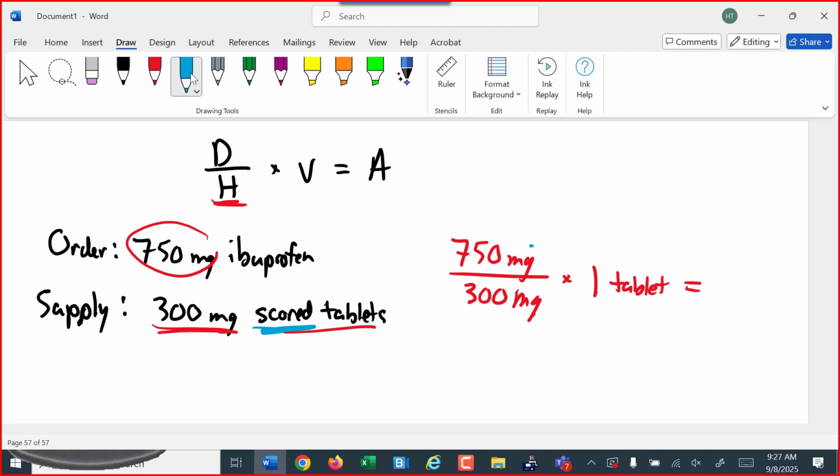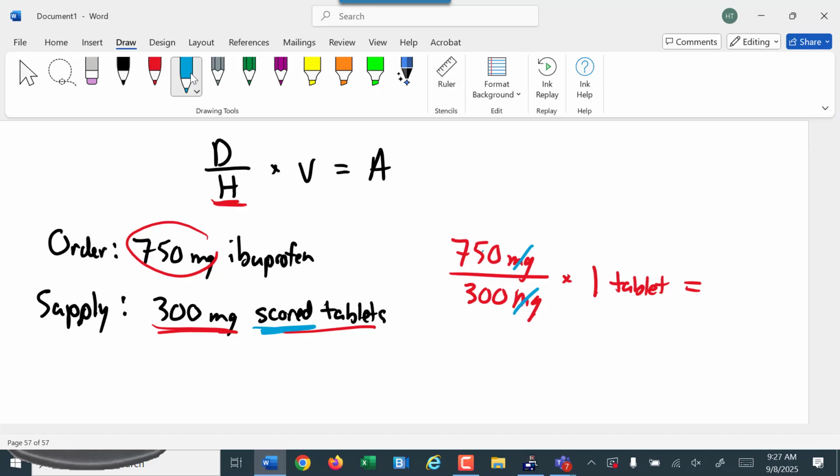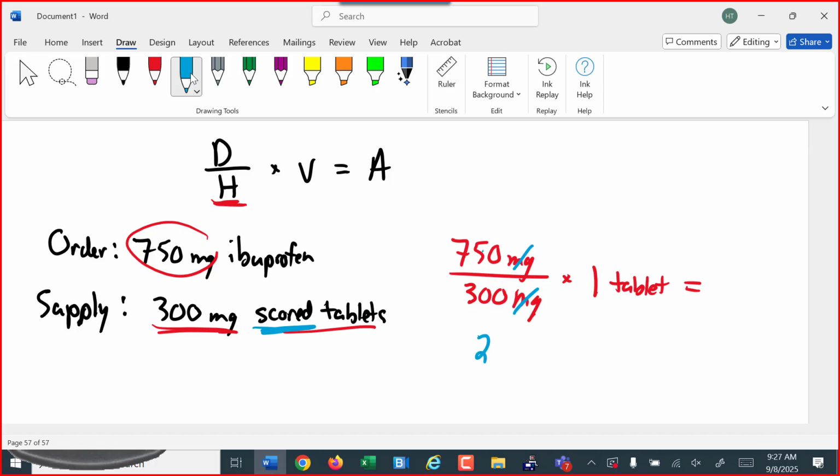So here, the milligrams cancel out. We have 750 divided by 300 is 2.5 times one tablet. 2.5 times one tablet is 2.5 tablets. So you would administer 2.5 tablets to that patient.